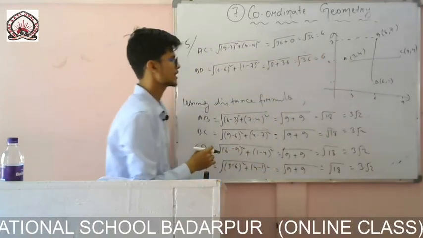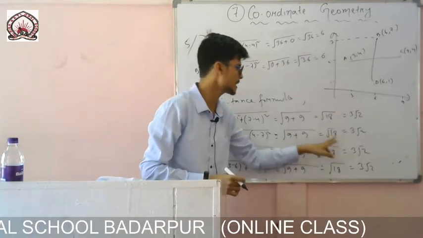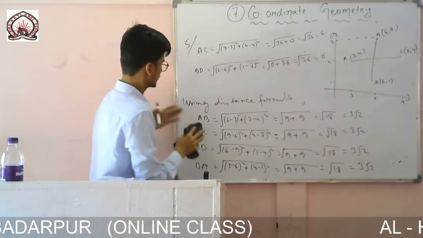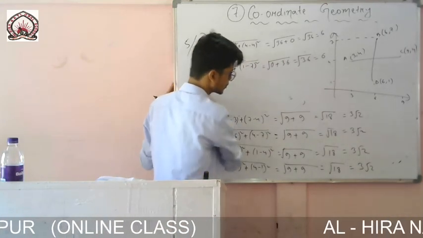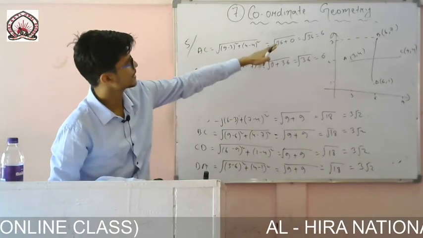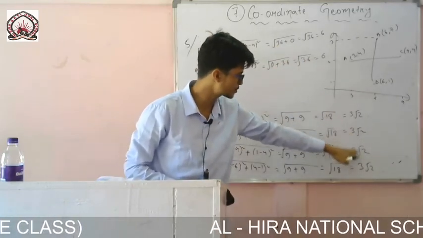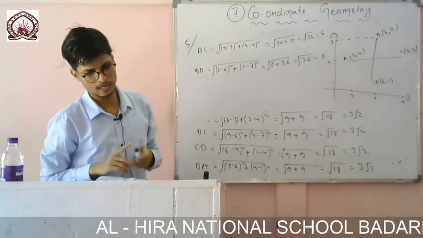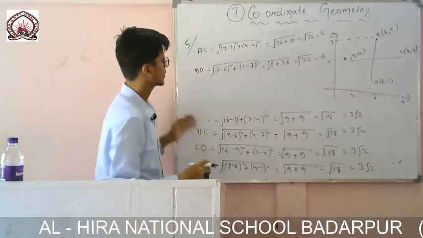Now you see both the diagonals are the same and all four sides are also the same. So I can write it. The length of each of the sides is the same and the diagonals are also the same.